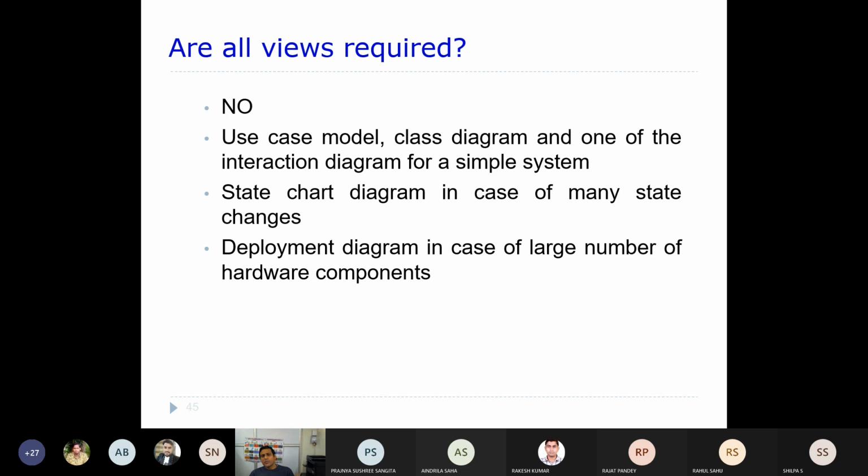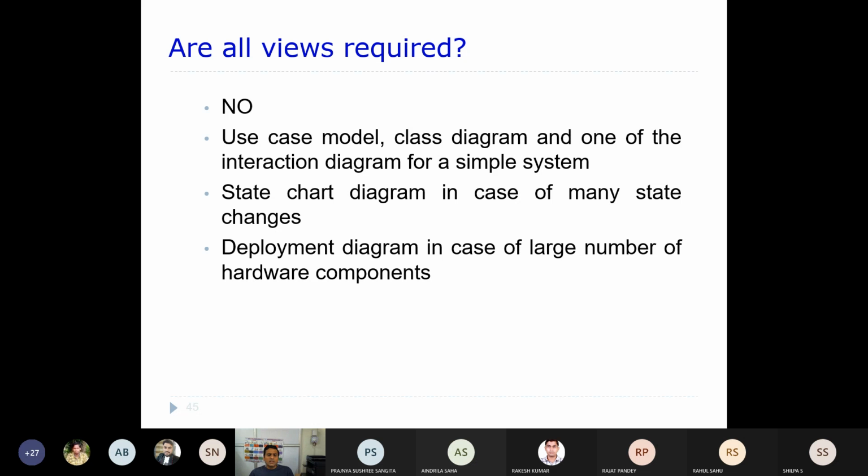It all depends upon the kind of project we are developing. Let's say you are going to develop a very simple system. In that case, maybe you need only a use case model, a class diagram, and one interaction diagram may be enough.